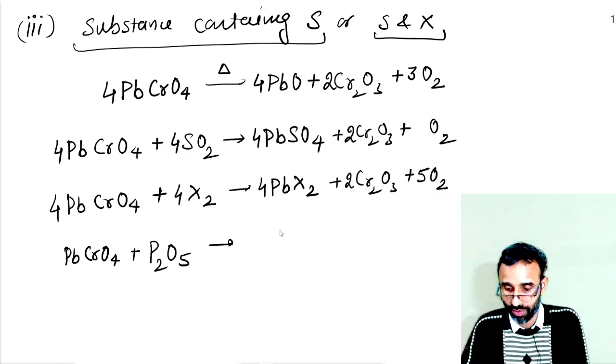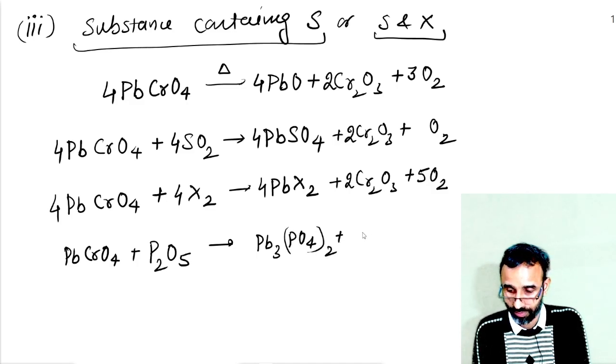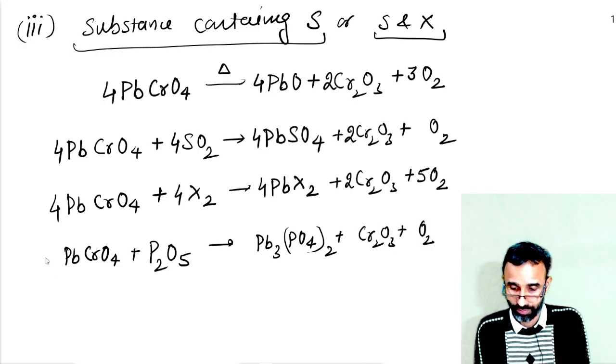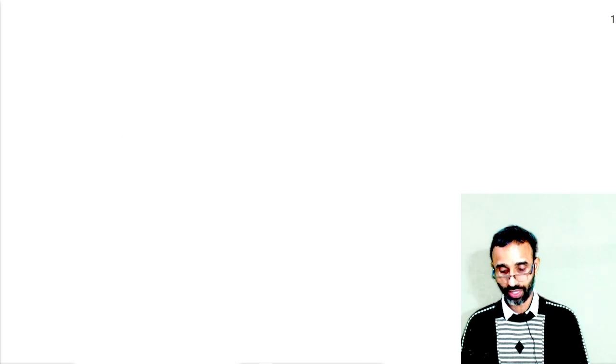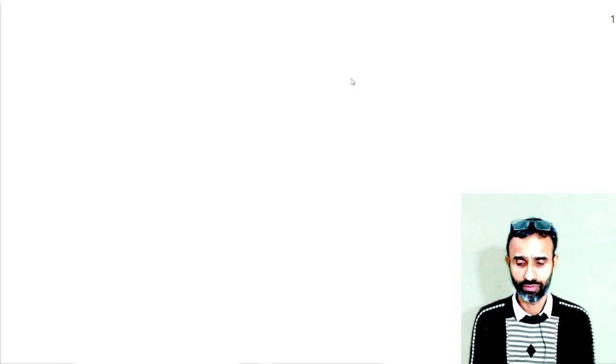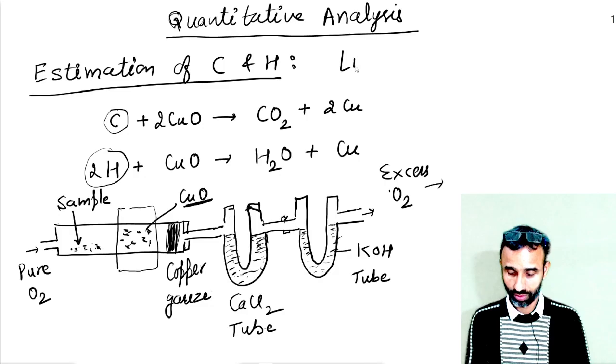If phosphorus is present, it will give lead phosphate. So these are the modifications we can do in this method, and this method for carbon and hydrogen is called Liebig's method.